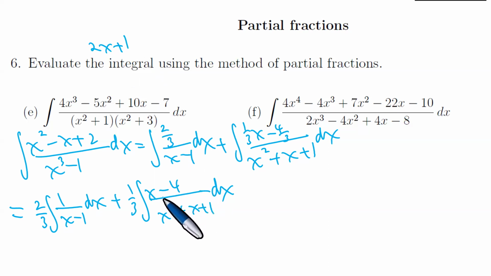So we want to get a 2x plus 1 here. We want this x to become 2x, and for that you need to multiply by 2 and also divide by 2. So multiply by 2 and divide by 2.